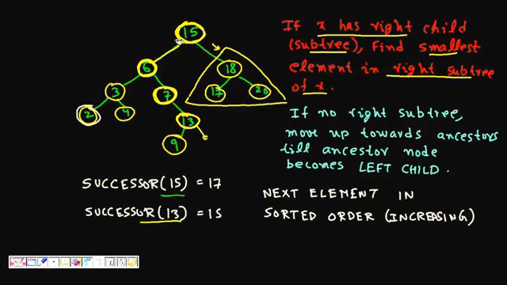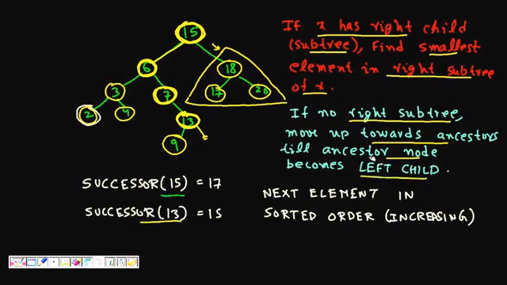So this is the first node which will be greater than this 13, and hence it will become the successor of 13. So if there is no right subtree, move up towards the ancestors till the ancestor node becomes the left child.